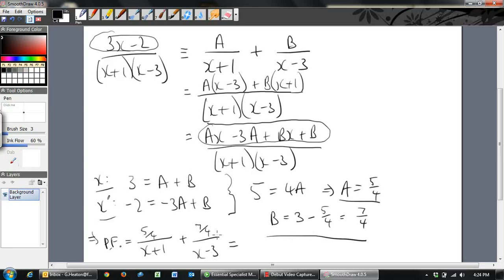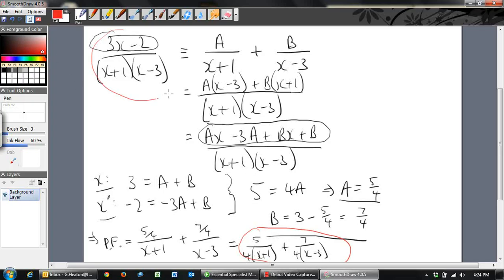And just to write this a bit more neatly, that 4 can just go down to the bottom line. So 5 over 4 times x plus 1, plus 7 over 4 times x minus 3. And this here is how we write it in partial fractions.